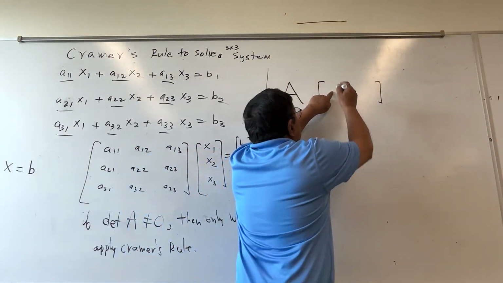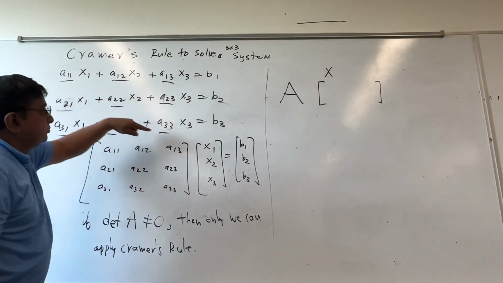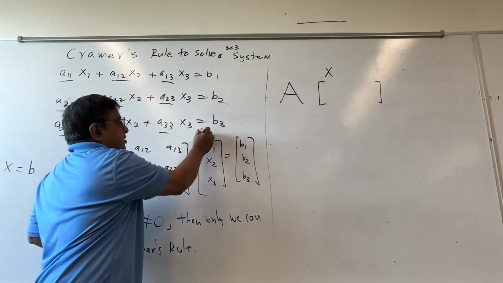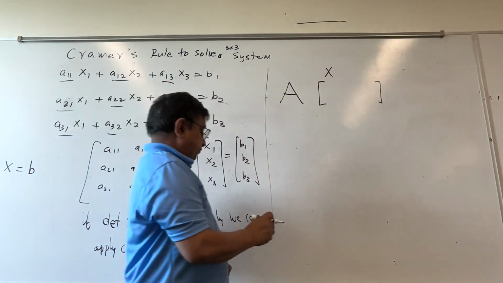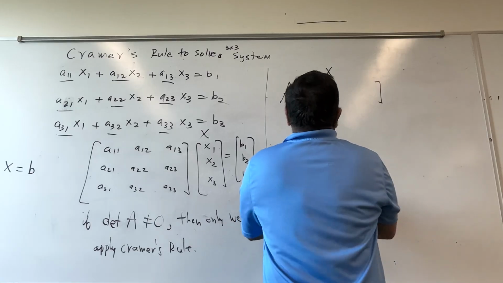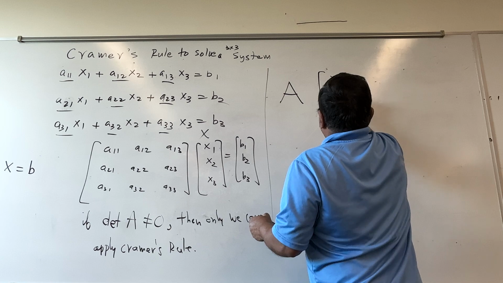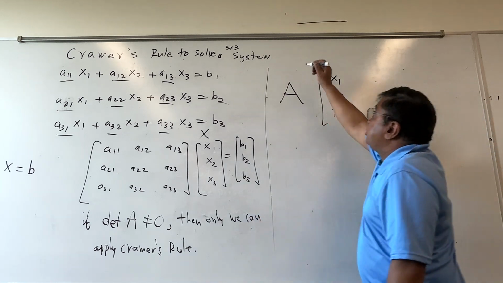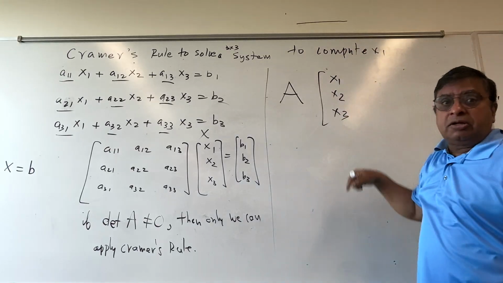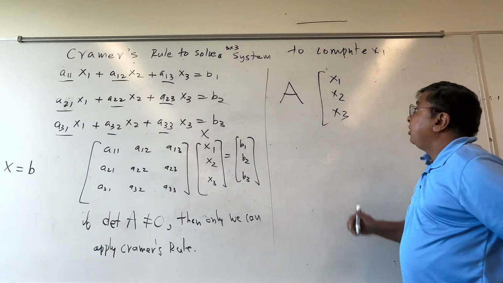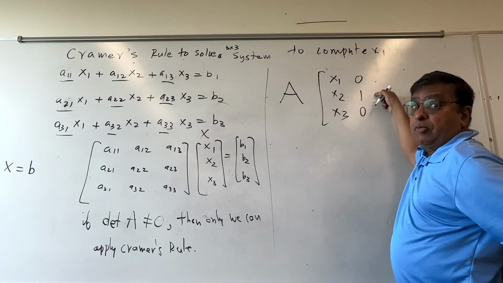The first column is x1, x2, x3, you call this x. So the first column will have all these 3 entries: x1, x2, x3. This is to compute x1. So in the first column, I write the variable vector. And in the second column, I write 0, 1, 0.